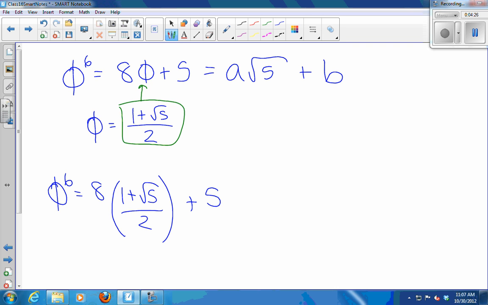So let's see, I could cancel. This is like 8 over 1. So 2 goes into 2 one time and 8 four times. So we'd end up with 4 times 1 plus square root 5 plus 5.